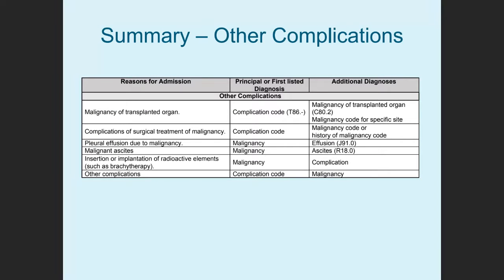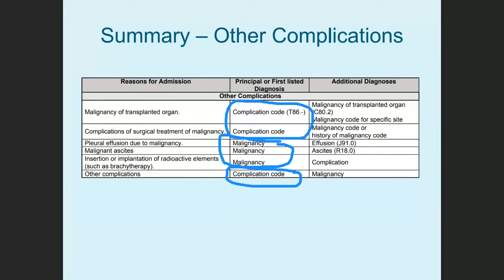For other complications, the complication is usually listed first. The exceptions are pleural effusion, malignant ascites, and brachytherapy. So here we have these: transplanted organ surgical treatment complication is first. These, the malignancy is first, and other complications that we haven't discussed.